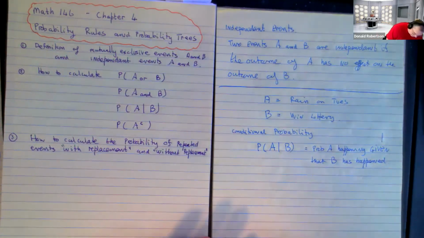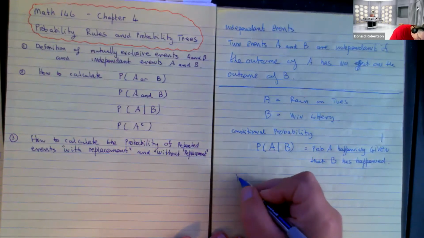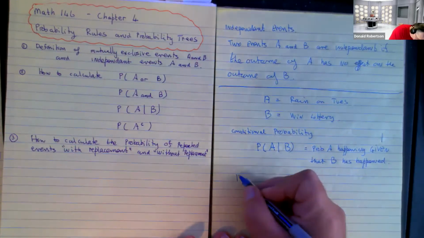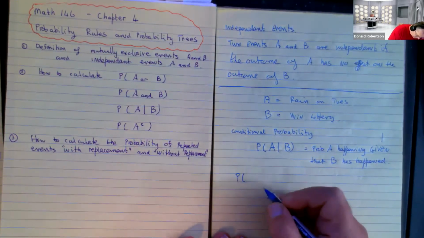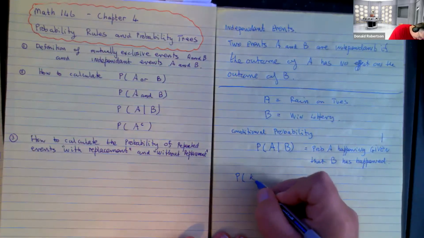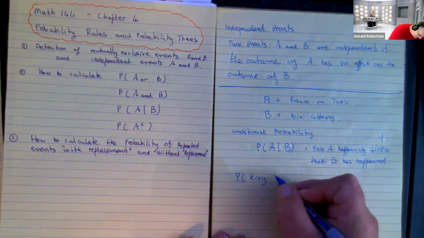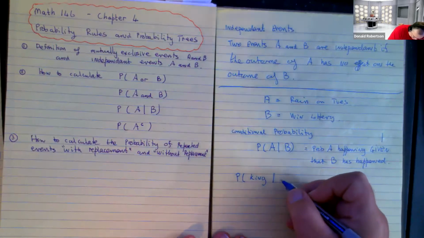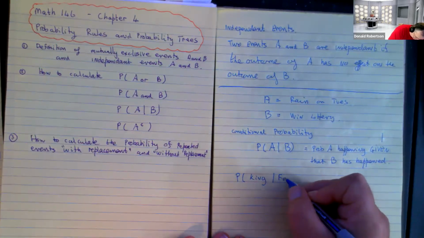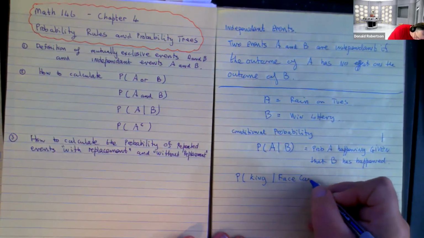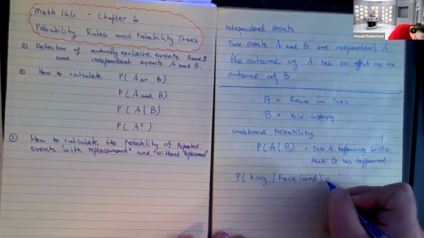So I'll give an example of a conditional probability. What's the probability that you get a king given that it was a face card? So suppose I tell you, I know the card is a face card.